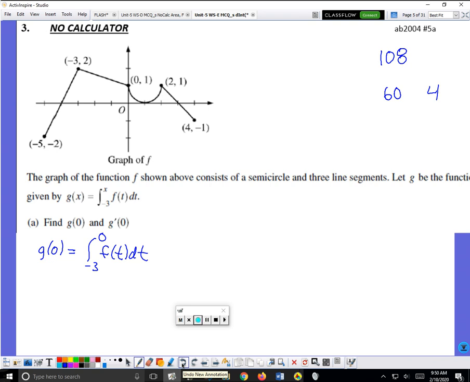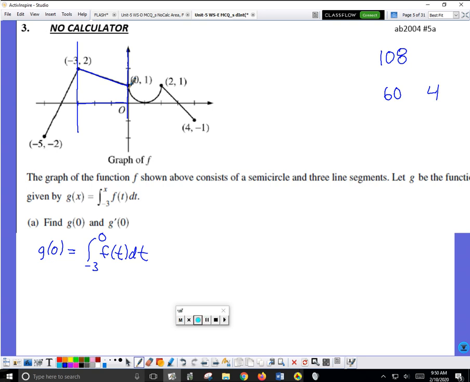So I look up here: 1, 2, 3. Draw a vertical line, because we're starting at x equals -3. We're going to 0. We're integrating f, so the space I'm looking at is what I've now surrounded in blue.